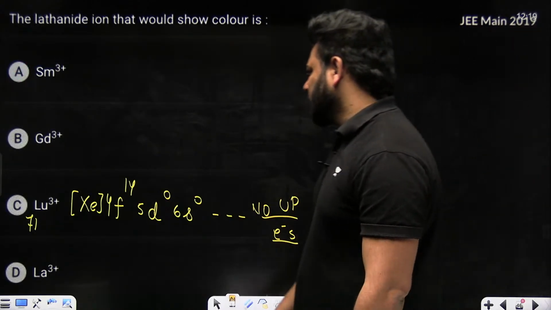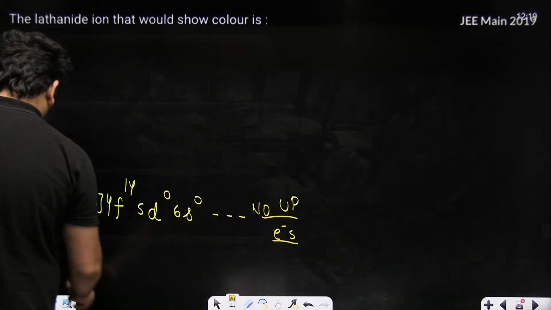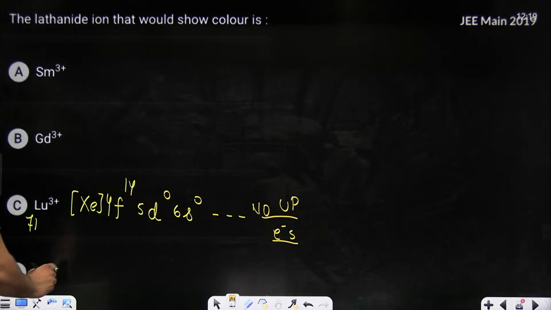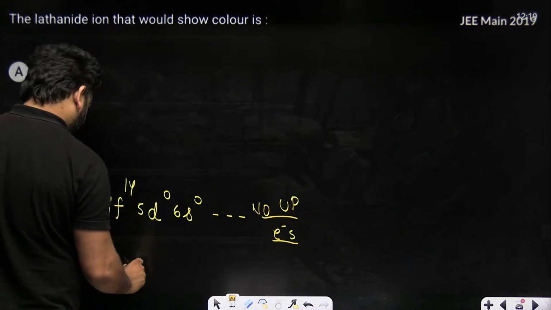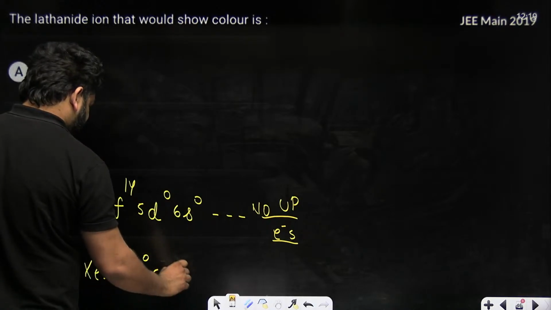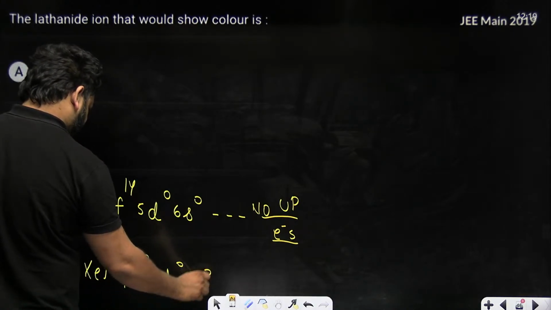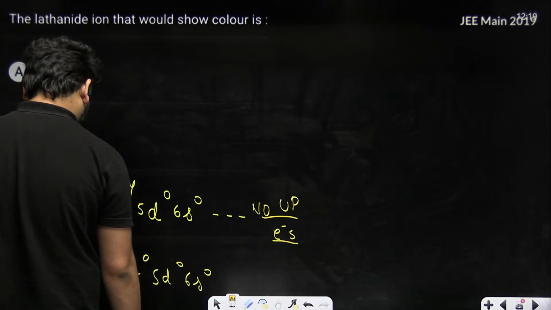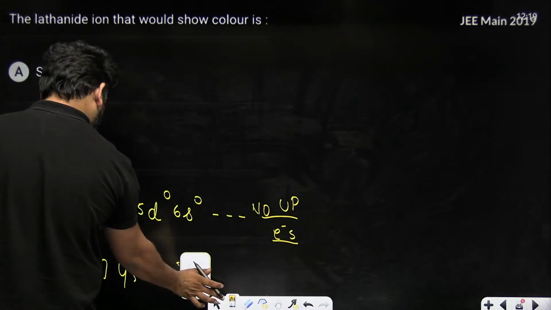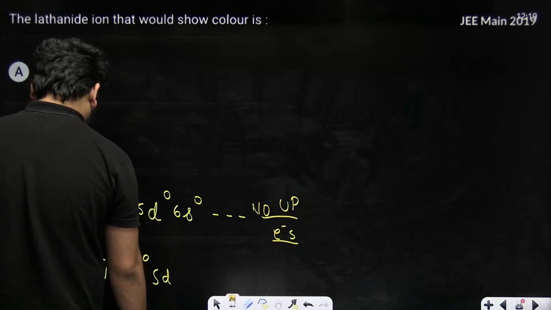And see guys, what I'm explaining is this is 57 by the way, and its electronic configuration is xenon 4f0 5d0 and 6s0.